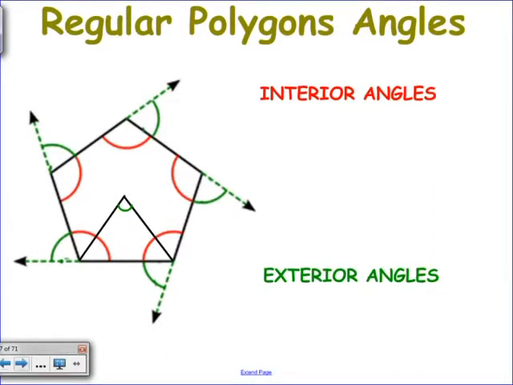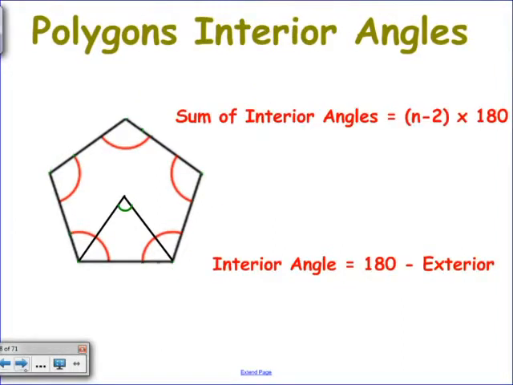Last week we covered interior angles. We also need to cover something called exterior angles, and there are some rules that we can use. We'll just have a recap on last week. We worked out that we can work out the interior angles on any shape based on the number of sides.